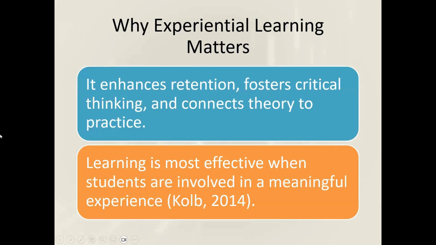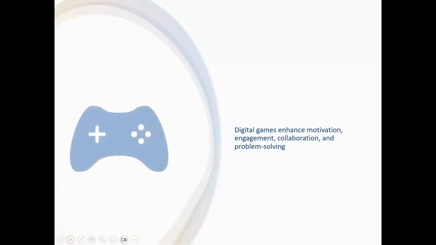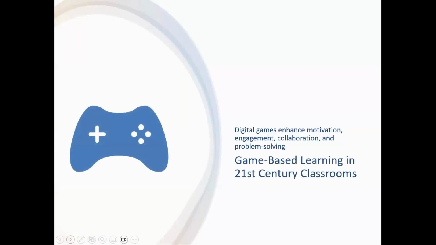When we study experiential learning, we can see how it enhances retention, how it fosters critical thinking, and how helpful it is to turn theory into practice. And what is very important is that these are meaningful experiences, meaningful activities. That's when the learning becomes most effective. So it's always important to think about this.